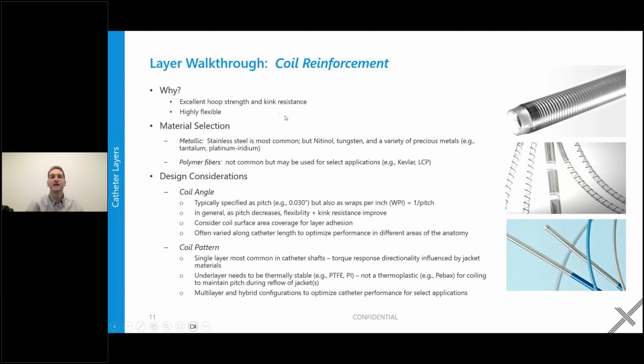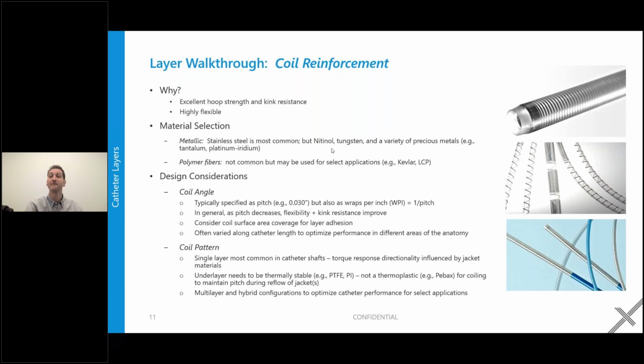So big difference between coil and braid. Coil is used more heavily for hoop strength when you want to make sure that the inner lumen stays round through all tortuosity or through the handling of the doctor. The coil will give you much better radial strength, and so it's harder to pinch it, it's harder to crush it, it's harder to kink it.